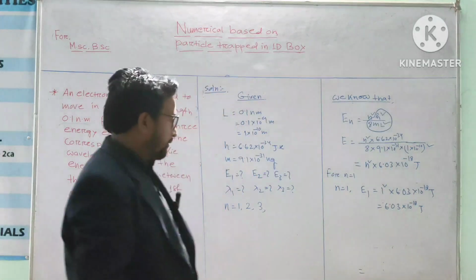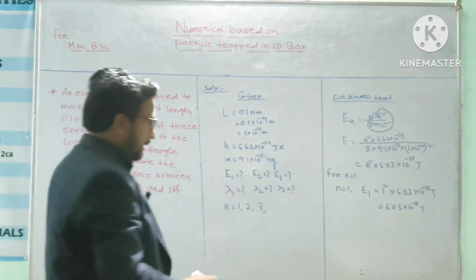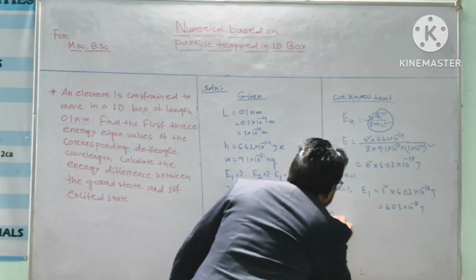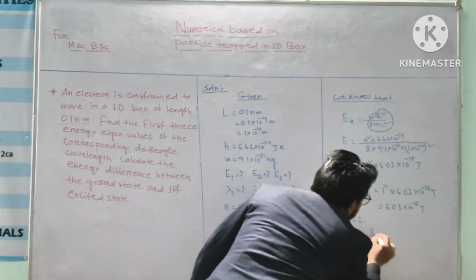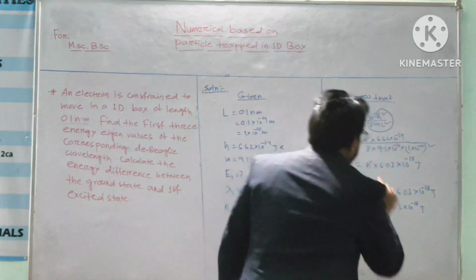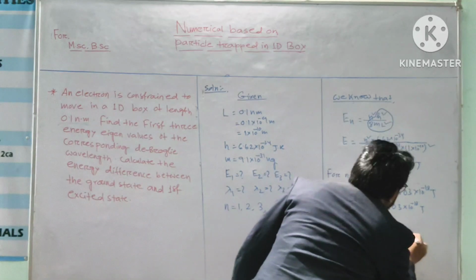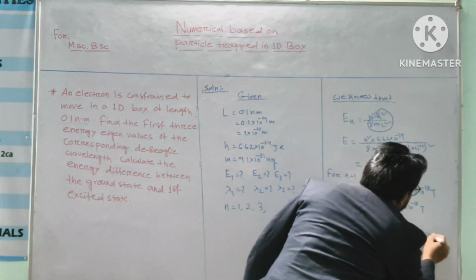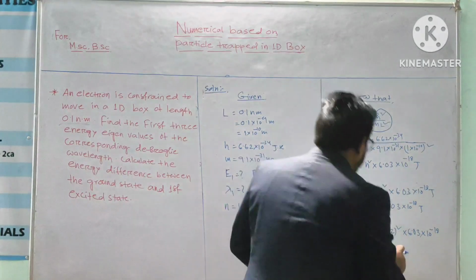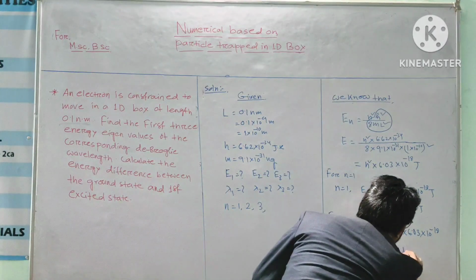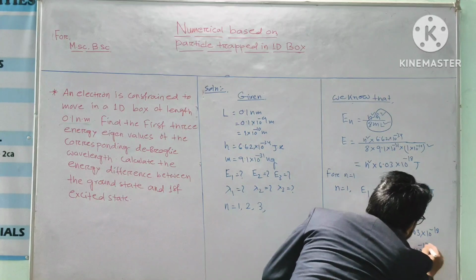So this is our value of E1. Okay, again for n equal 2, E2 equal 2 square into 6.03 into 10 to the power minus 18, and this is equal to 24.12 into 10 to the power minus 18 joule.